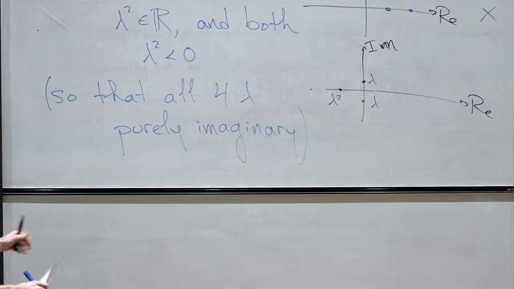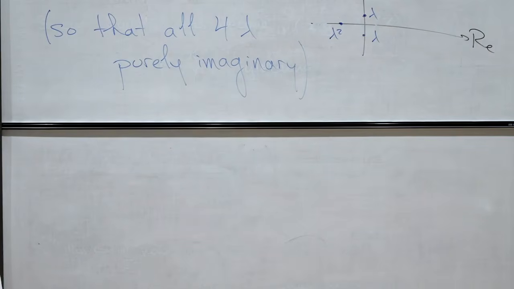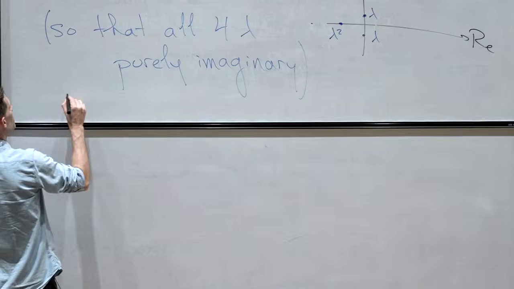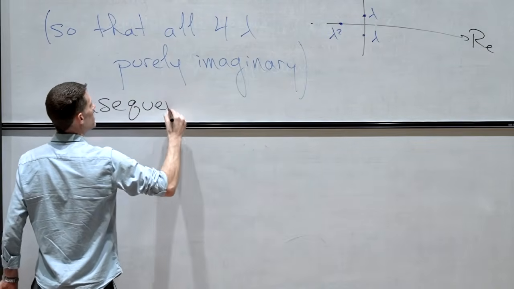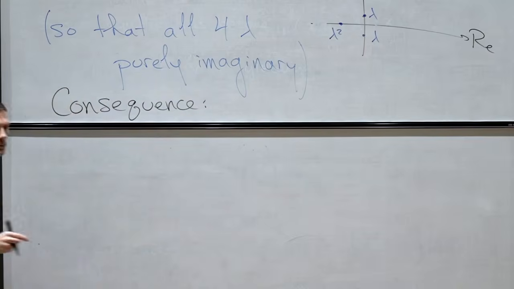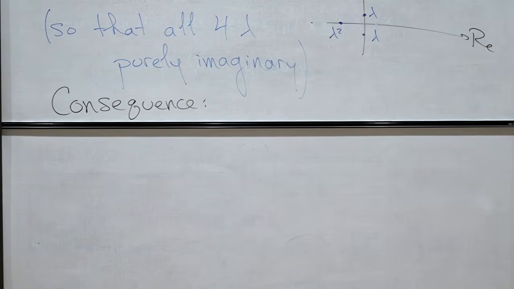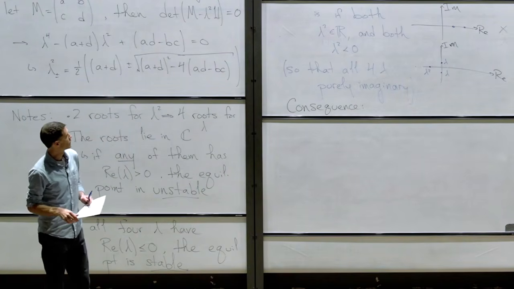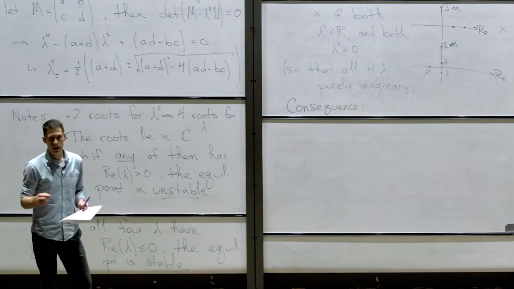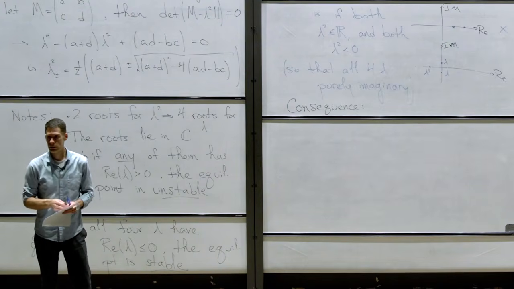As a consequence of that, the system we're starting with, x double dot is f of x y, y double dot is g of x y, cannot have decaying oscillations at an equilibrium point.